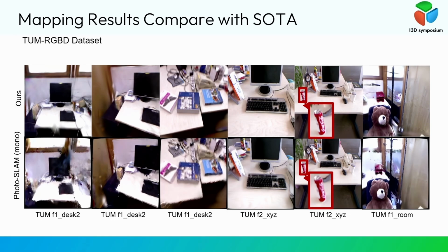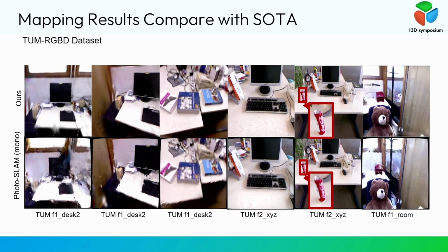We compared with another SOTA monocular RGB Gaussian SLAM method, Photo-SLAM, and this is ours. You can see that for the geometry and the RGB rendered results, we have some details more clear compared with Photo-SLAM here. For example, the labels on the can, the keyboards, the books, and the edge of the desk.